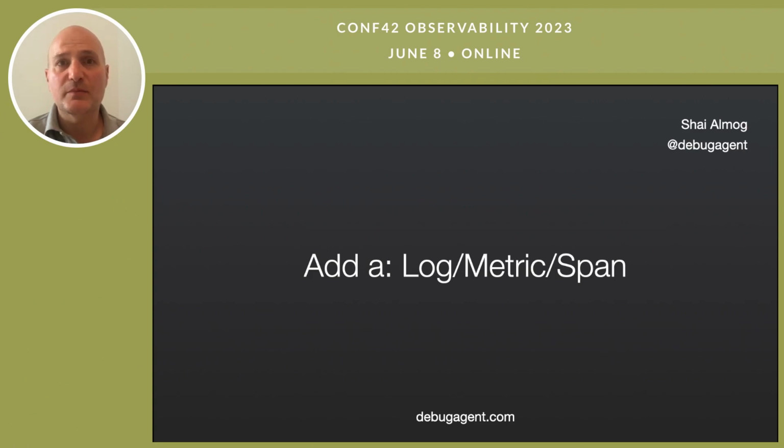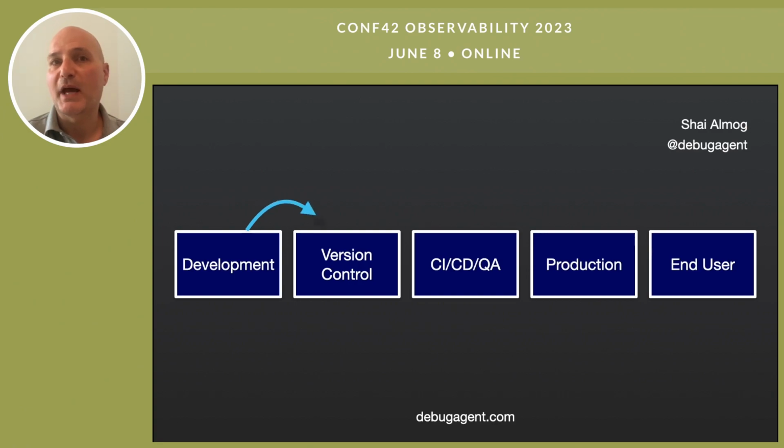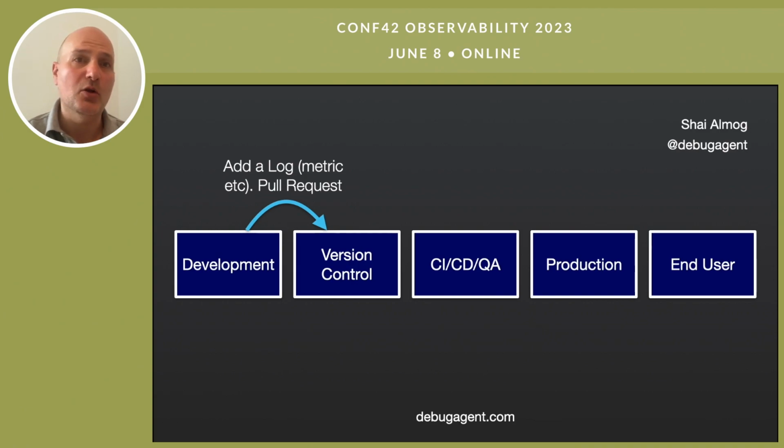This is best summed up in a visual way. This is a familiar pattern. We have a problem in production, so we need to add more information, a log, a metric, or sometimes more. Then we need a pull request or a similar review process. This can take a while.